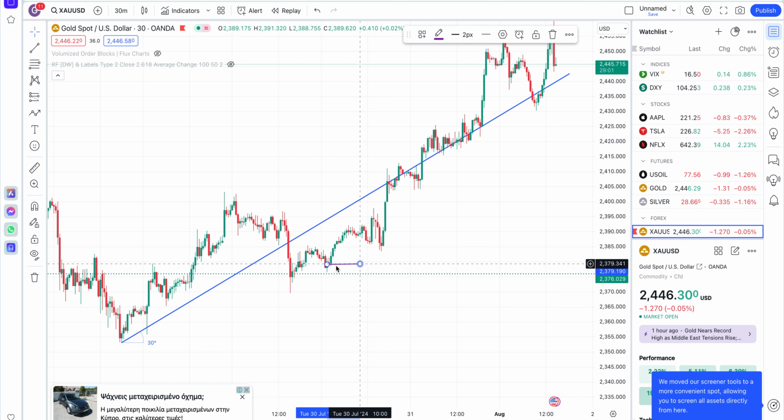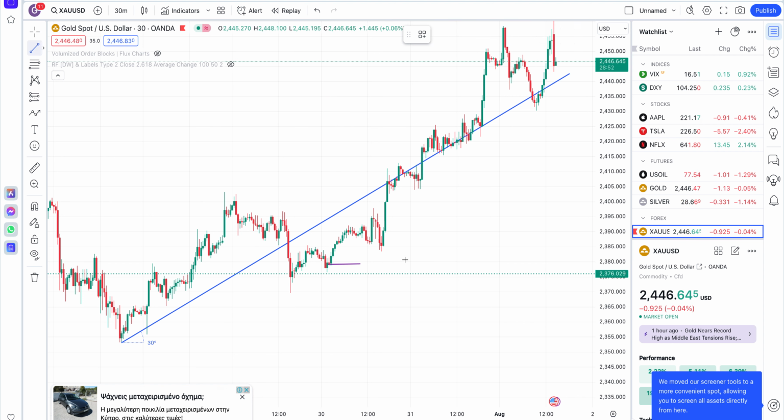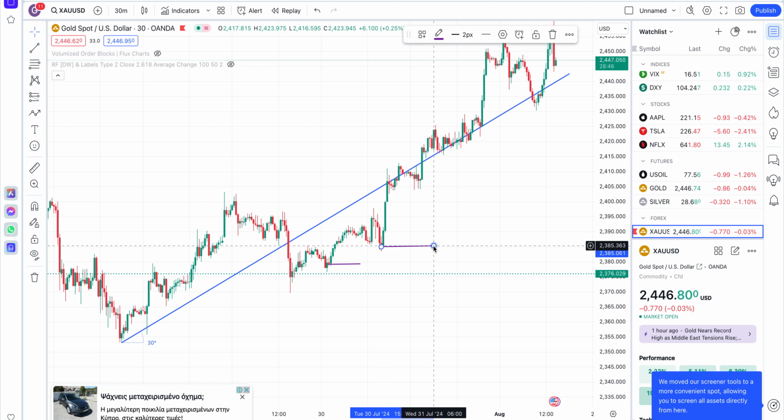You can see that even in the series of higher highs, we have a higher low. So price is still going higher regardless of it falling under the 30 degrees trend line, so you can still tell that price is still very much bullish.